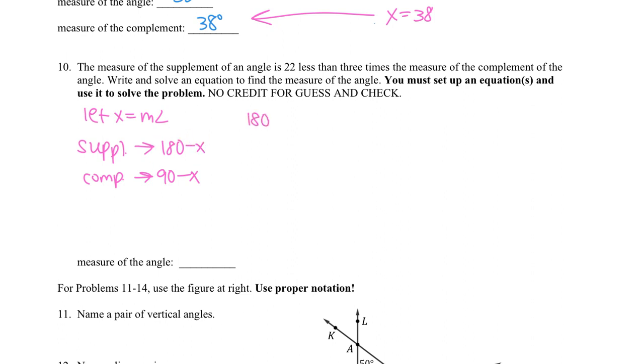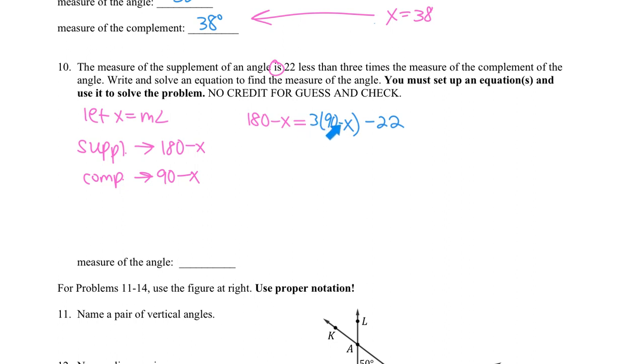The measure of the supplement, oh, I already have that here. Measure of the supplement, so 180 minus x, that means equals, 22 less than, well, I can't take away 22 until I know what I'm taking it away from, so I'll just put it over here at the end. 22 less than what? 3 times the measure of the complement. Well, what's the complement's measure? 90 minus x. So 3 times 90 minus x, minus 22.